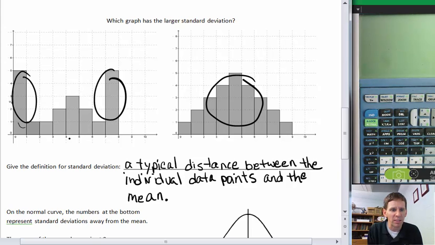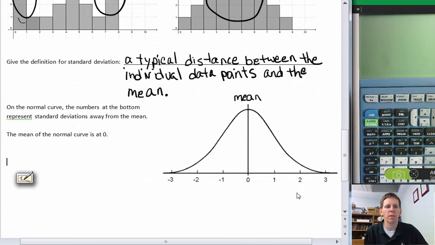In both cases, I'd view the mean as being somewhere in this 4 to 5 vicinity. So I'd say the graph that has the larger standard deviation would be this graph on the left, primarily because a majority of the points, this 0 to 1 and the 7 to 8 span, are far away from the mean. They have a bigger distance from the mean than these points in the middle here do.